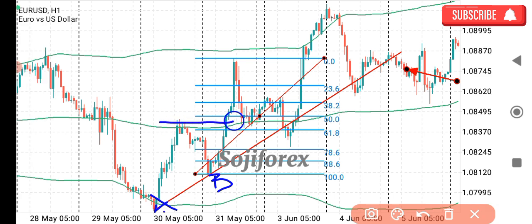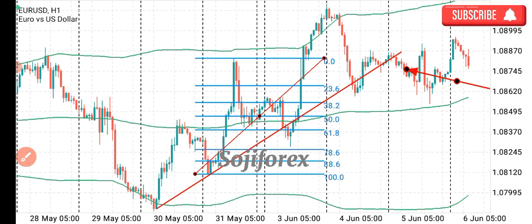And of course, it is the movement from point B that gave us a break of structure here, the BOS. So now we want price to pull back from this zone to give us point C, where we will be making our entry. So we need to identify, when do we know that a retracement has commenced.